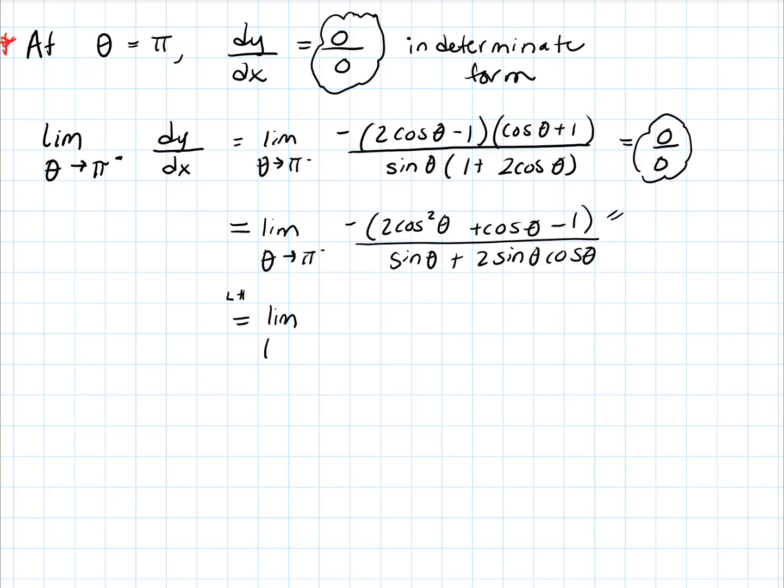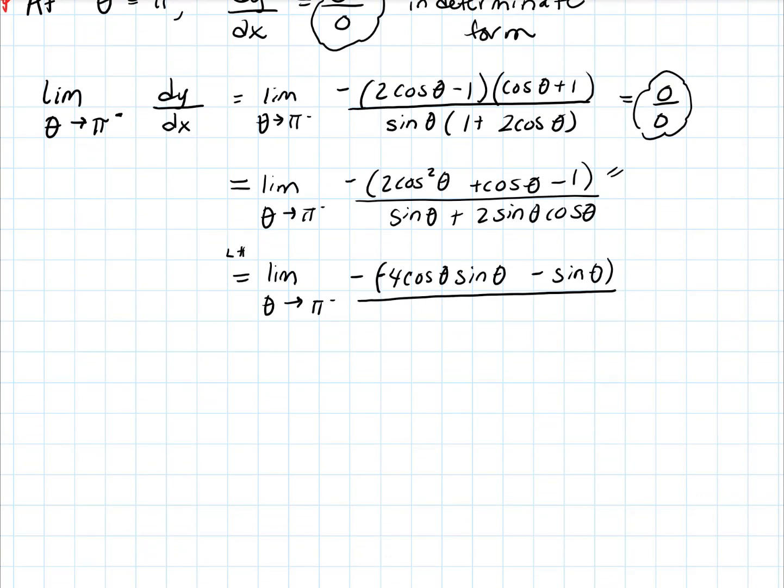Now apply L'Hopital's rule. Limit as theta approaches pi from the left. We're going to have a negative 4 cosine theta sine theta minus sine theta on the top, and on the bottom we're going to have cosine theta, and then the product rule here is going to give me a 2 cosine squared of theta minus 2 sine squared of theta.